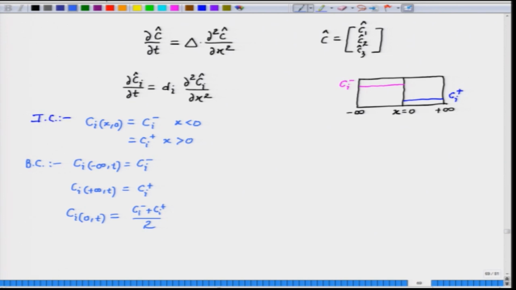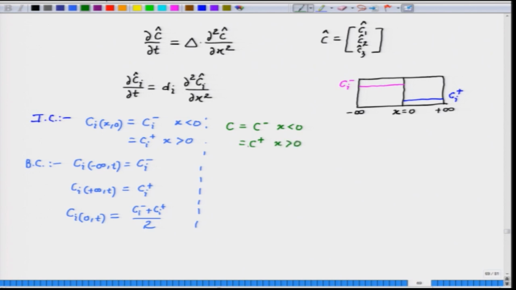Now, if we define this in terms of matrices, we can write C is equal to C minus, where C is the matrix of concentrations and C minus is the column matrix of 3 independent concentrations in the left terminal alloy. This is for x less than 0, and it should be equal to C plus for x greater than 0.